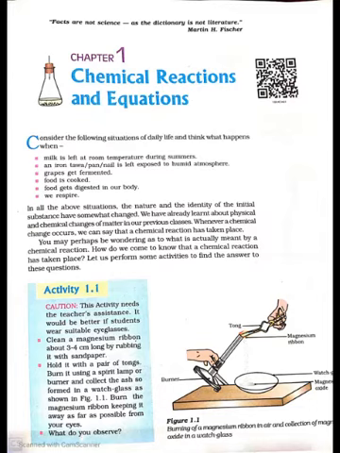5. Switch on the current and leave the apparatus undisturbed for some time. You will observe the formation of bubbles at both the electrodes. These bubbles displace water in the test tubes. Is the volume of the gas collected the same in both the test tubes?